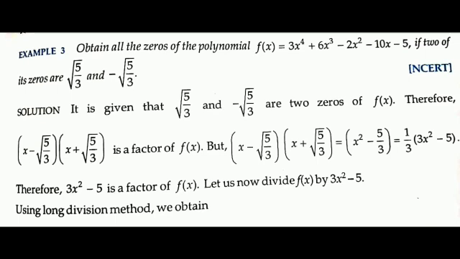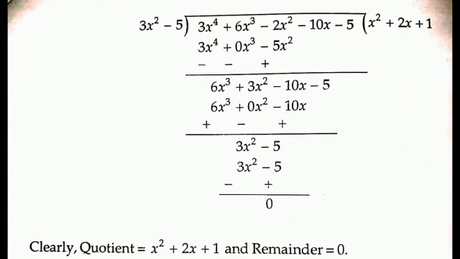In order to obtain the other factors, we will have to divide f(x) by 3x square minus 5. And as we can see here, f(x) is a biquadratic polynomial, that is its degree is 4. So it will have at most 4 zeros, and 2 zeros have already been given to us, so we can find the other 2 zeros.